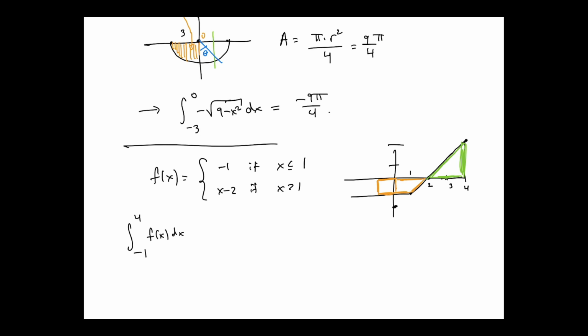Okay, so what's the area of the green piece? Its base is 2, height is 2. It's a triangle, so I have to divide by 2. What's the area of the orange piece? Well, let me subdivide it. 2.5, but negative.